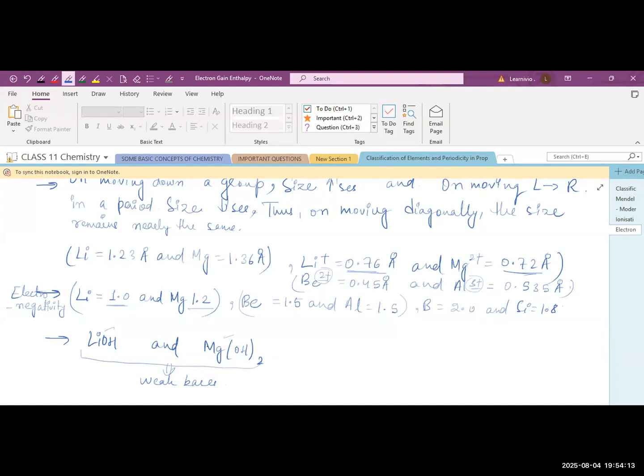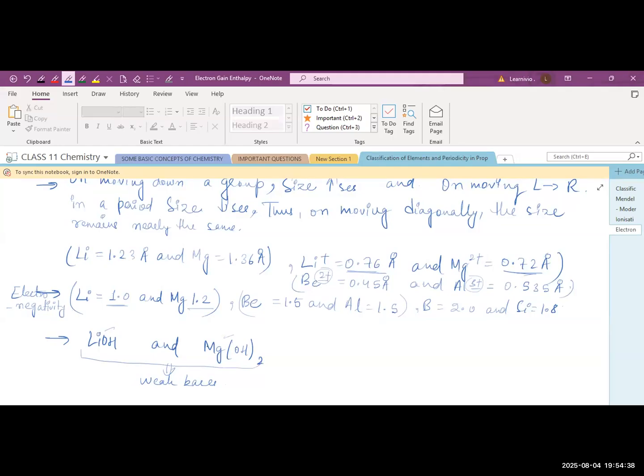Right? Similarity in which things? Electronegativity is same, density is same, right? You can see the sizes of the ions are almost the same, right? Electronegativity same and much more, right? So we will not discuss in details. Basically, you just have to remember which metals show the diagonal relationship.